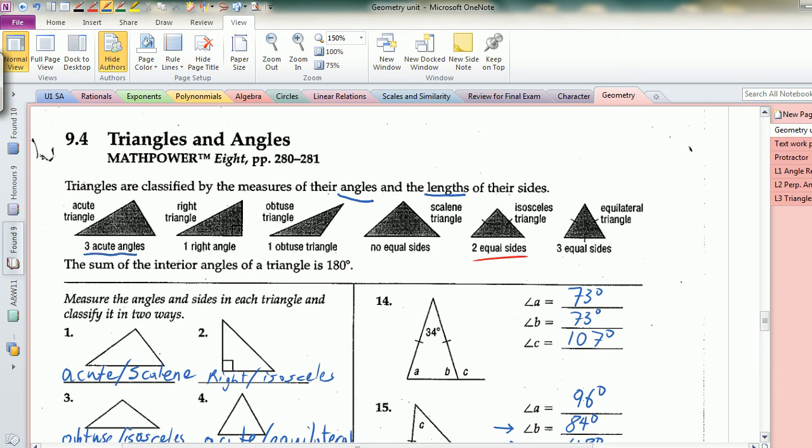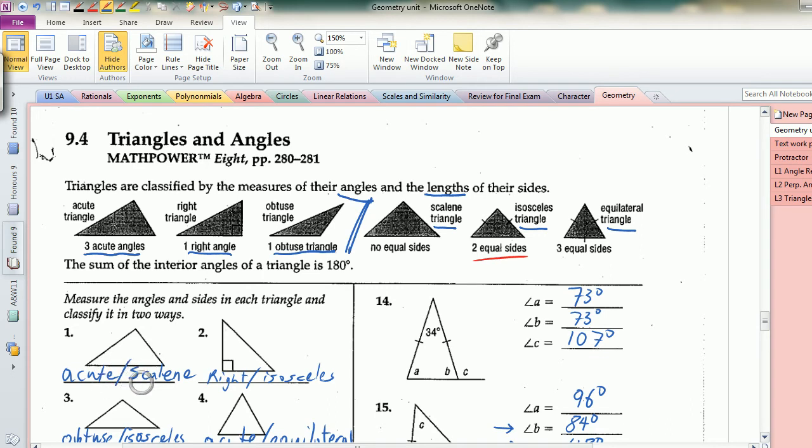These three, acute, right, and obtuse, are how triangles are classified based on the angles. For the lengths, triangles can be called scalene, isosceles, or equilateral. So what you have to do is measure the angles and the sides, and classify it.